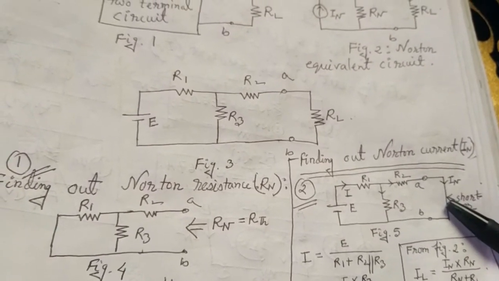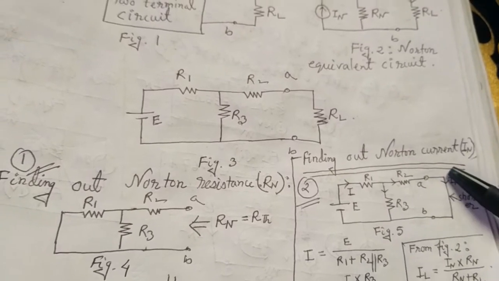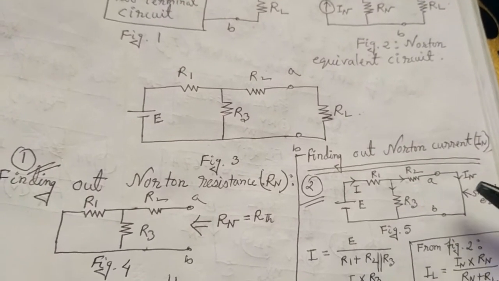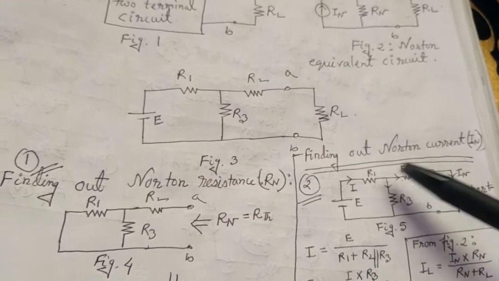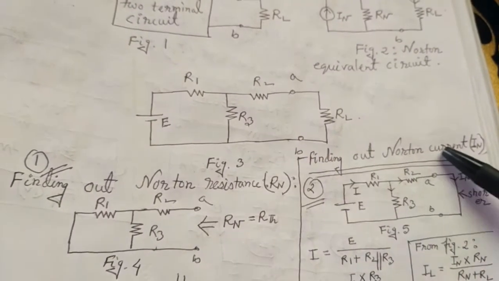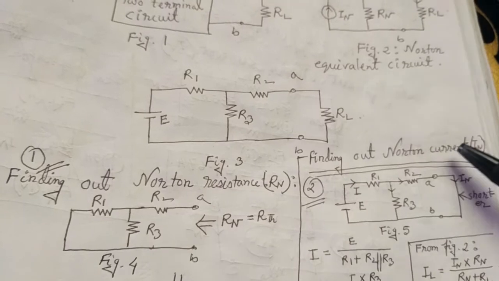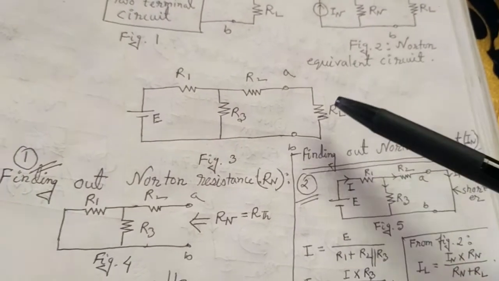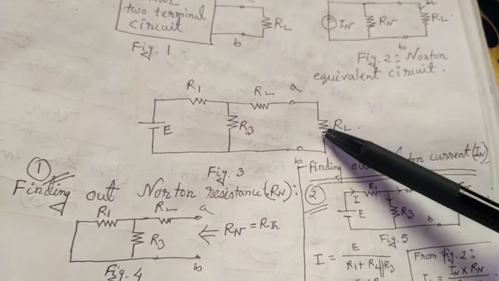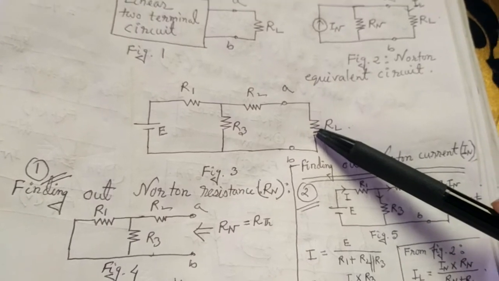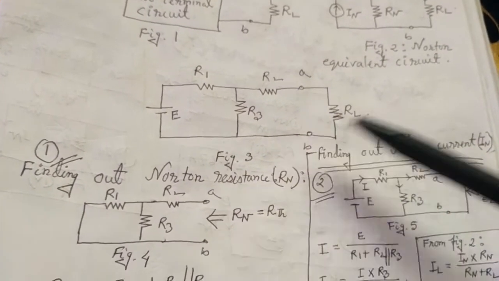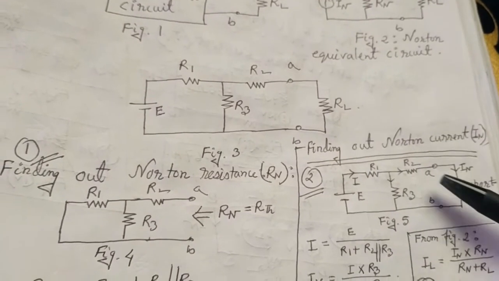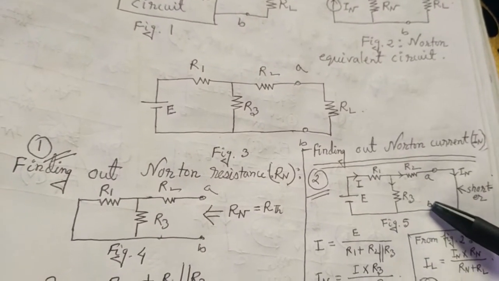Now we need to determine the current through this short, that is called IN. So our second target is what? Finding out the Norton current. How to find it? We have to remove the load resistor, then place a short between terminals AB.